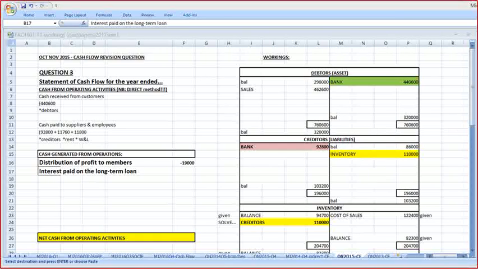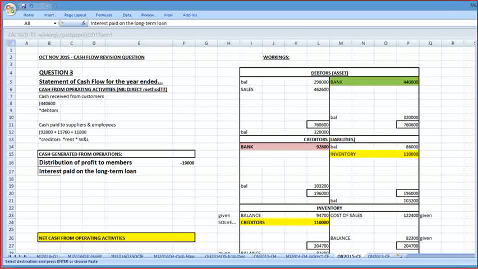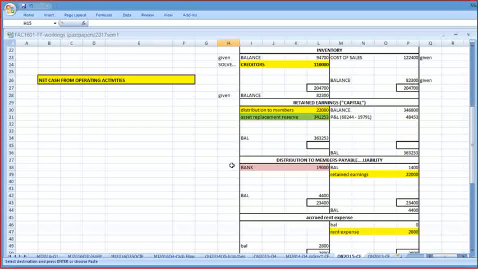So your balance is going to be on the credit side.